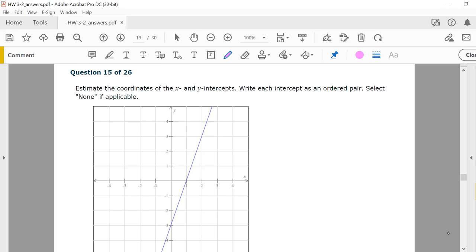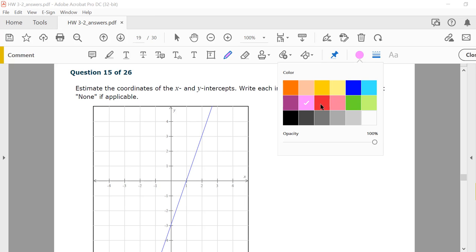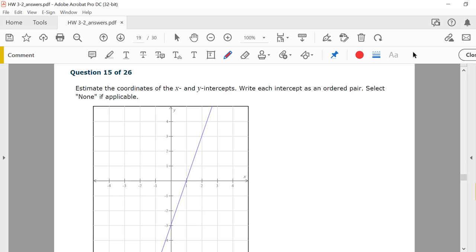Number 15, estimate the coordinates of the x-intercept and y-intercept. Write each intercept as an ordered pair. Select none if applicable. So where does it cross the x-axis? Is right here. So the x-intercept will be 1, 0.